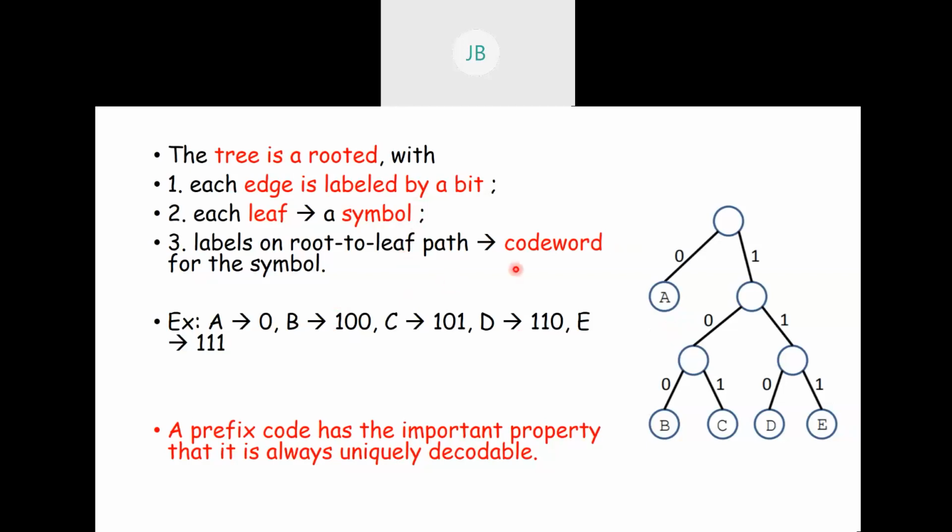Finally, when you travel the path from the root to the leaf, you get the code word. For example, for A, you travel from the root to the leaf. Here you get its code word 0.